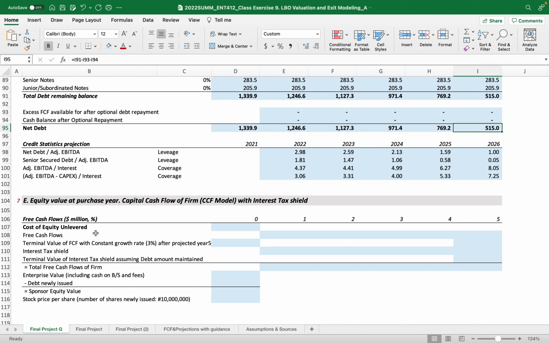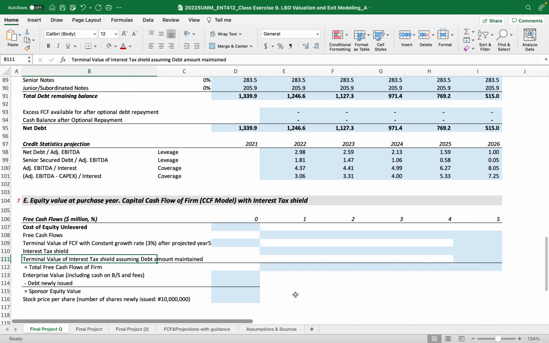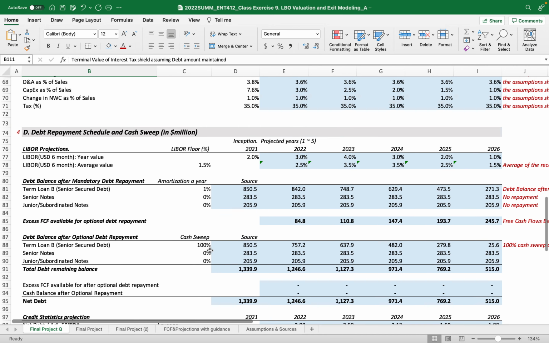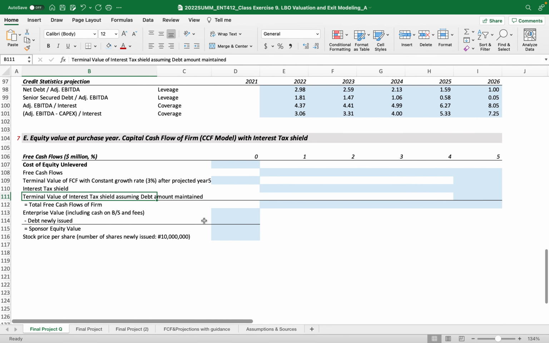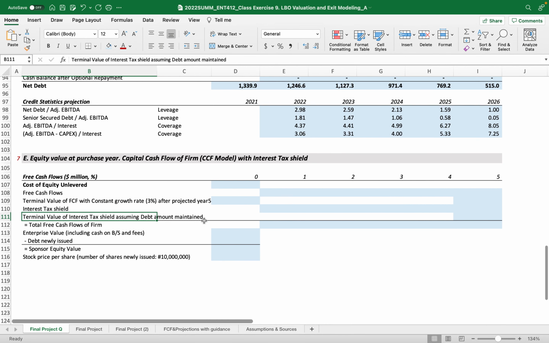Instead, we add this interest tax shield, right? We will also calculate the terminal value of the interest tax shield, assuming debt as well, and then we sum up all these cash flows, right? And then we get the enterprise value, minus the newly issued debt, and then we get the sponsor equity value, which is the same as this 1,200, the $1.2 billion, right?